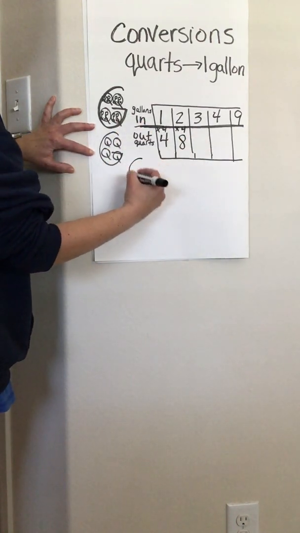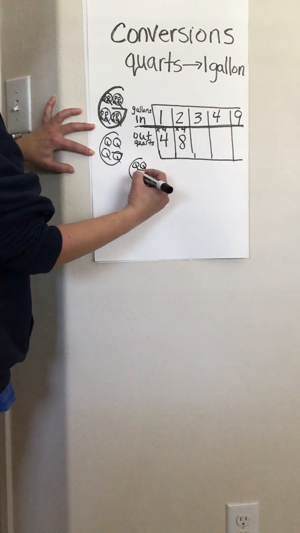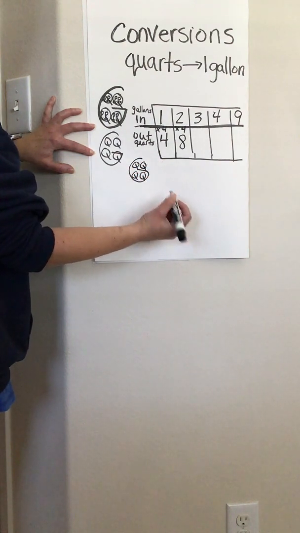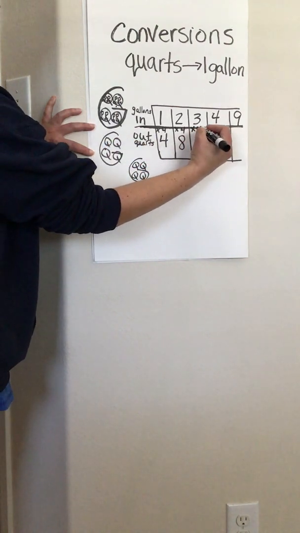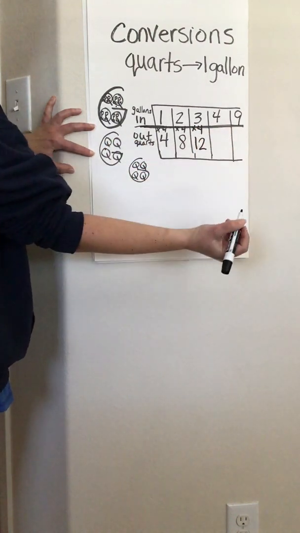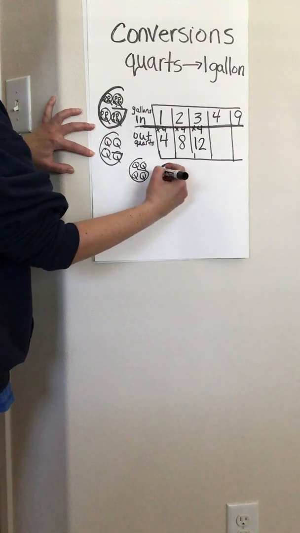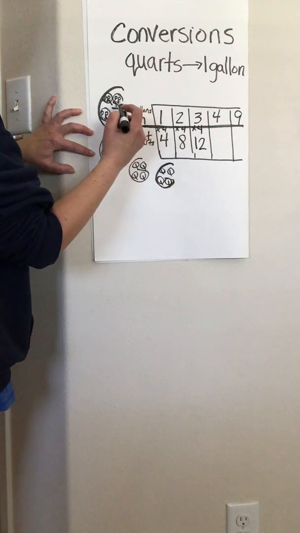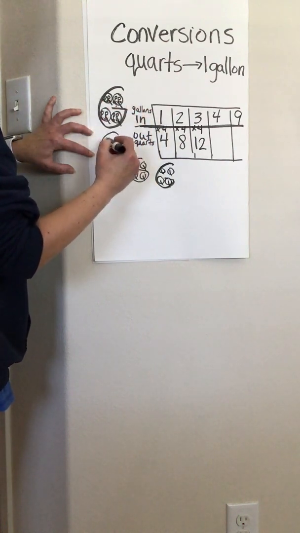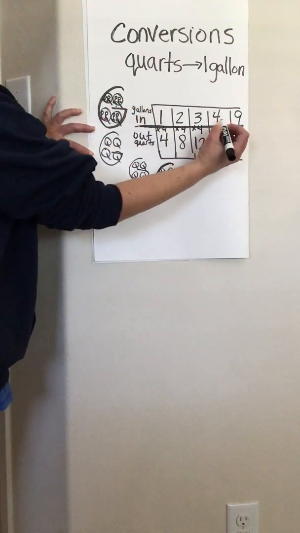If we had another gallon, we would have 4, 8, 12, because 3 groups of 4 is 12. And then, of course, if we had another gallon, we're counting by 4s again. 4, 8, 12, 16.